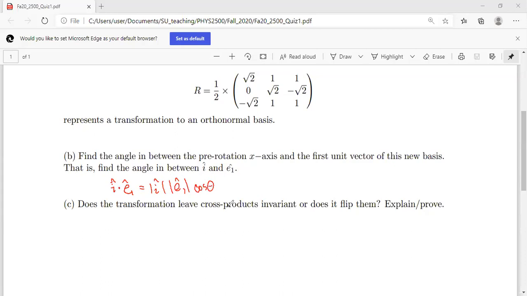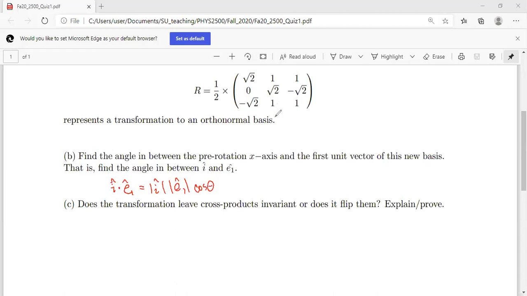The other thing you could realize is that the so-called direction cosines for this matrix are meaningful. And if I want to know how to get from old basis 1 into new basis 1, I just pick the 1,1 element of this matrix. If I wanted to know how to get from old basis 2 to new basis 3, I pick the 2,3 element of this matrix. And that's the dot product that I care about.